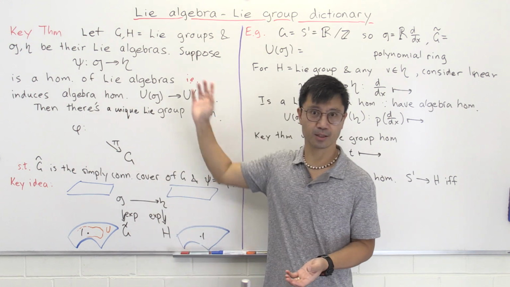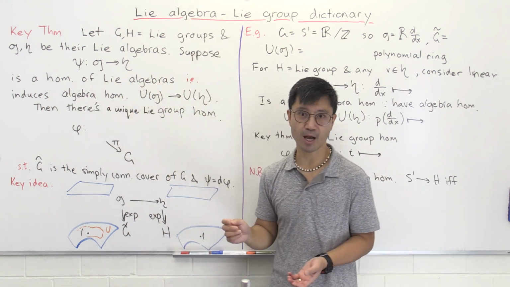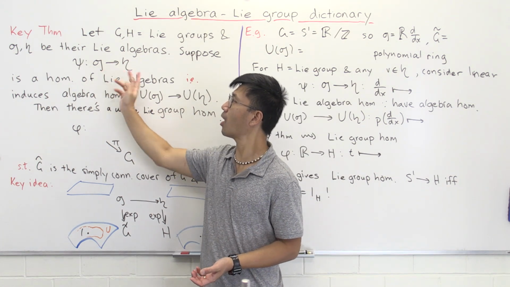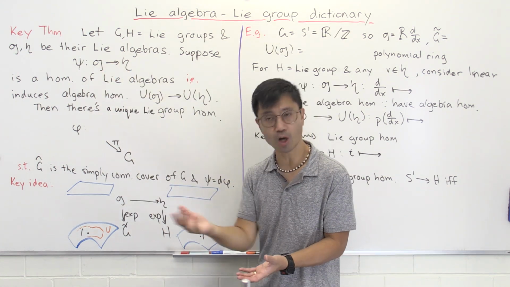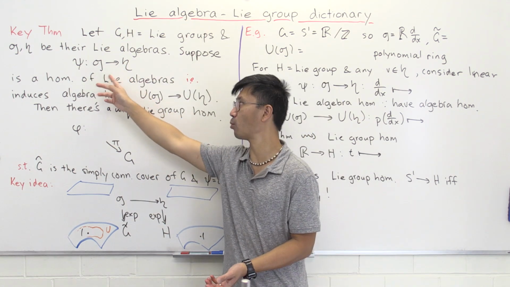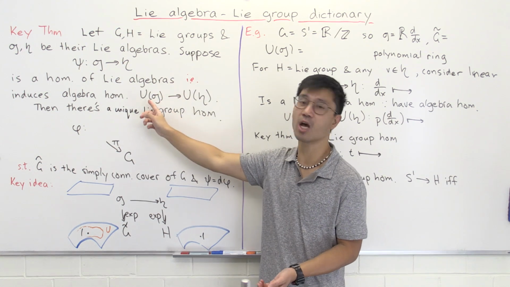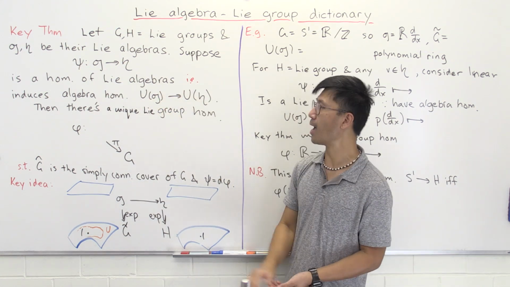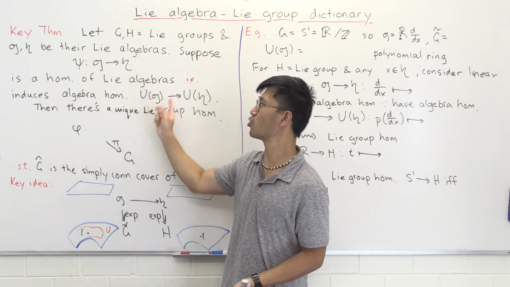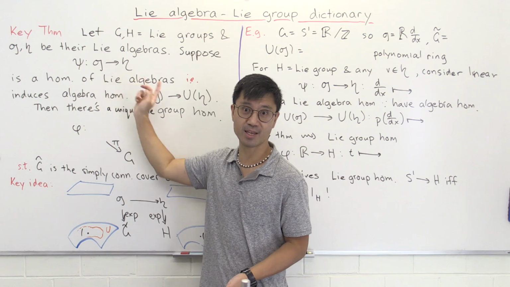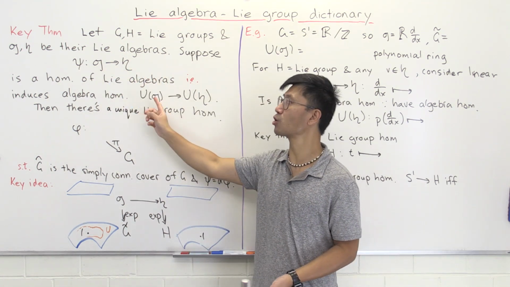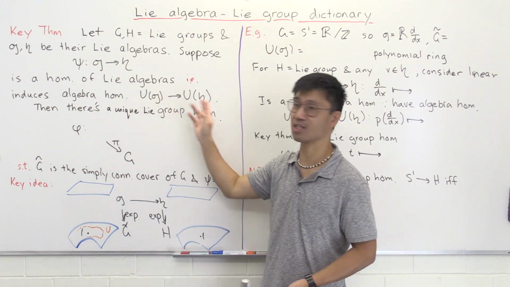Another way of saying that this is a homomorphism of Lie algebras is that, remember, these Lie algebras give you vector fields and hence differential operators. You can look at the ring of differential operators generated by these. That will give you the universal enveloping algebras, U of G and U of H. Since these universal enveloping algebras are generated by these Lie algebras, this map will give you at most one algebra homomorphism from here to here.